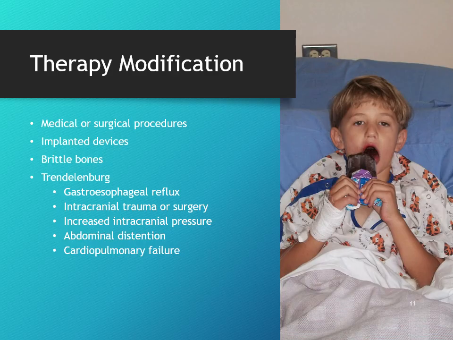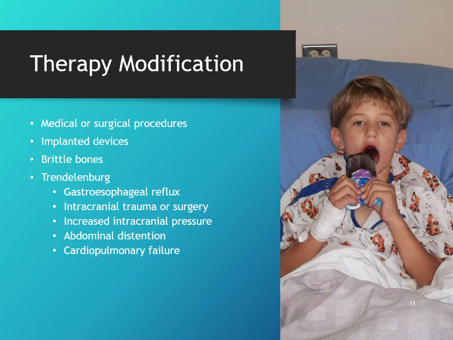It can also be withheld immediately post-operative after a trach. We don't want to dislodge that trach. Anytime there's reconstruction of the upper airway, as well as if there are lines post-operatively that shouldn't be moved.